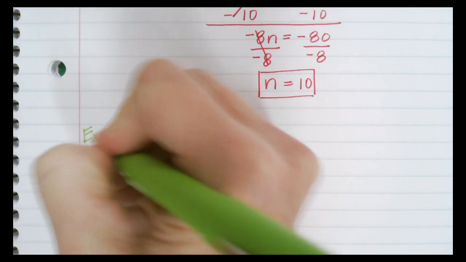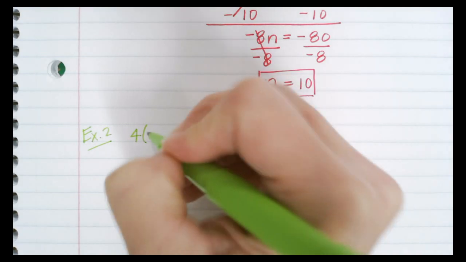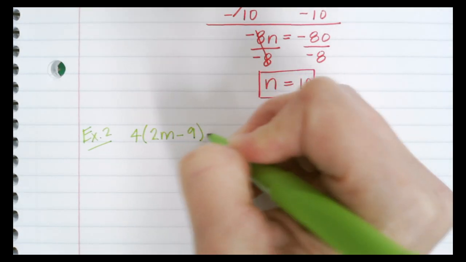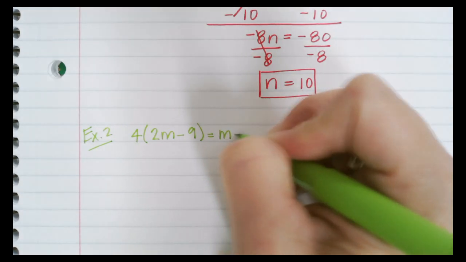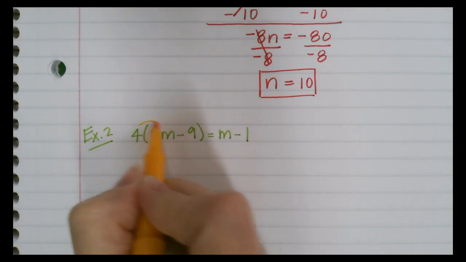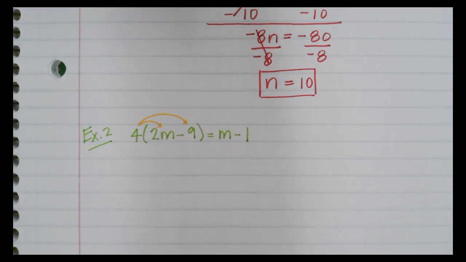Here's example 2. 4(2m - 9) = m - 1. This time I only have one set of distributive property to do. So I'm going to distribute over here, and that will get rid of the parentheses.